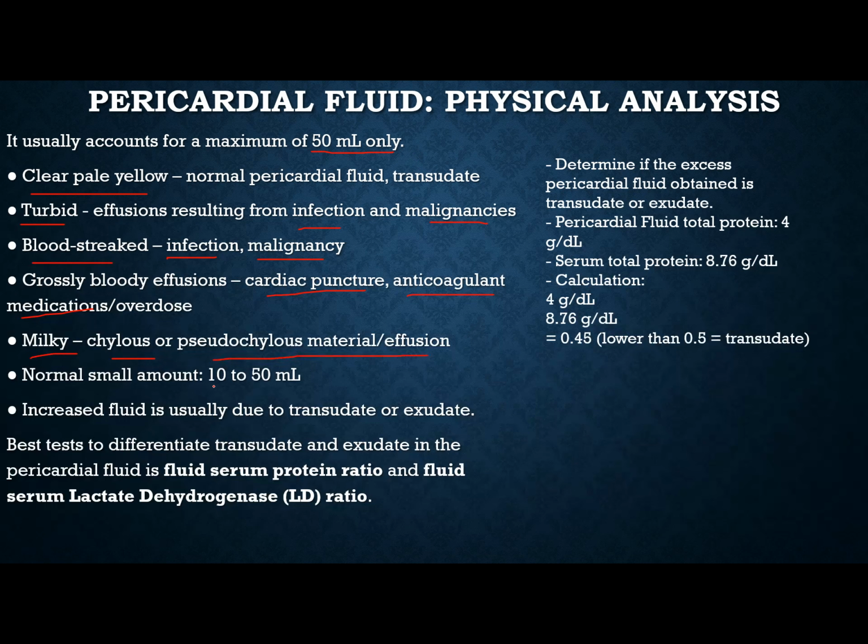Normal amount class is 10 to 50. So maximum na yung 50 ml ng pericardial fluid. Increased fluid is usually due to transudate or exudate. Best test to differentiate transudate and exudate in the pericardial fluid class is your fluid serum protein ratio and fluid serum lactate dehydrogenase ratio.